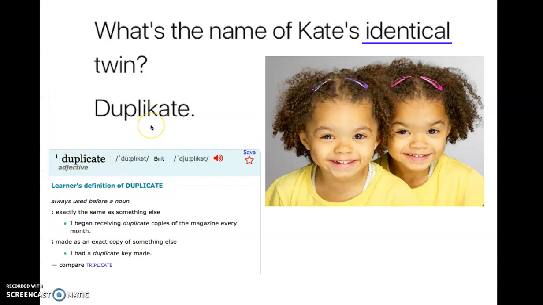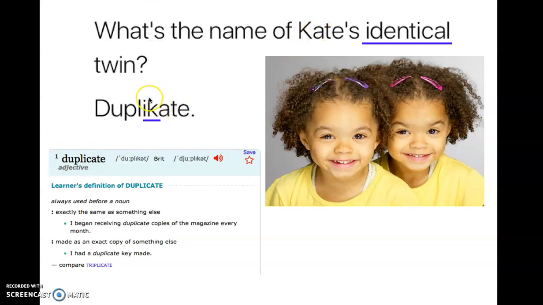So here, this is a play on the meanings and on the pronunciation of the k. So duplicate sounds just like this. So to duplicate, exactly the same as something else. Made as an exact copy of something else. Right? So these two were born sort of copies of each other. Identical. Duplicate. Right?